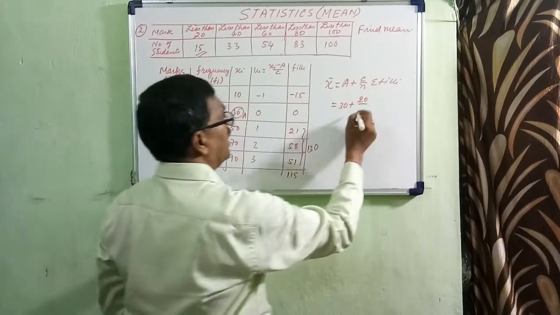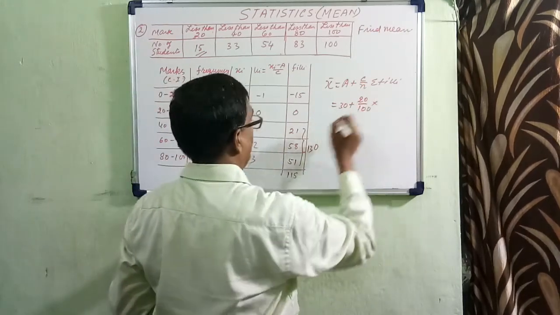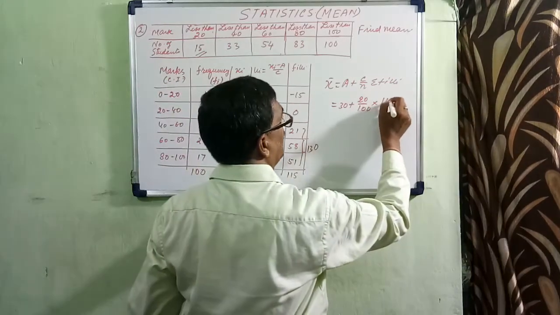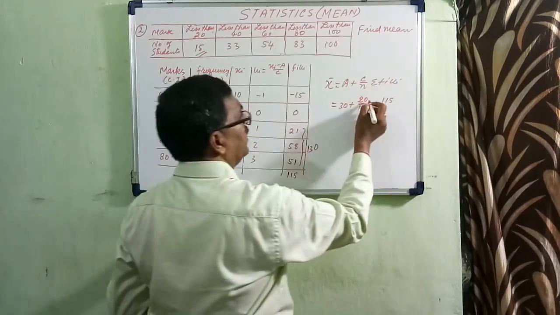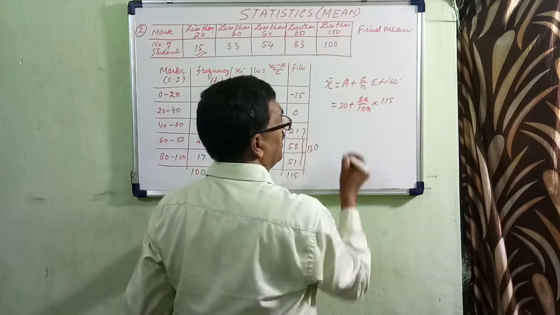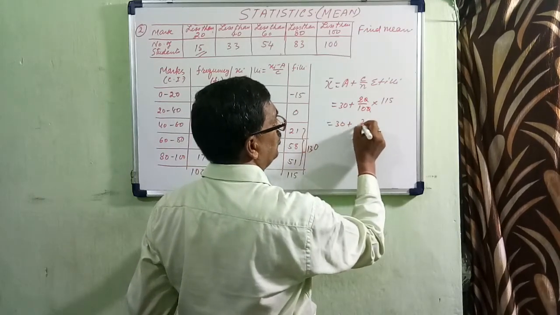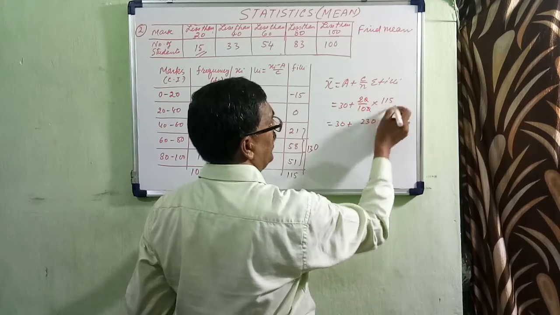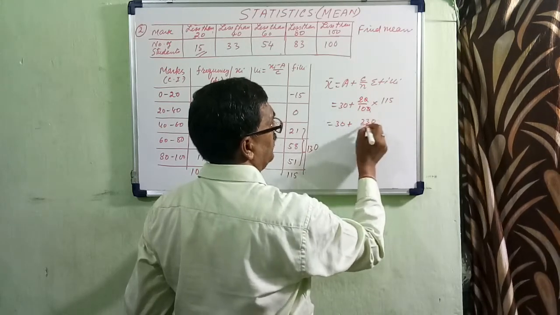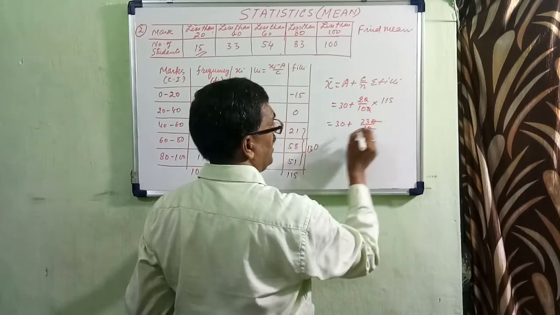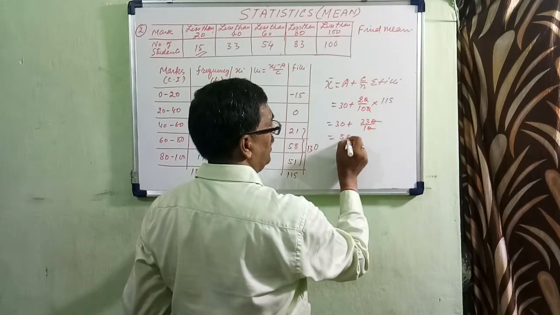N is how much? 100. And FiUi is 115. So here, cut it, 30 plus 230, 2 5 are 10, 3 2 are 2 divided by 10. This is cancelled, means 50.